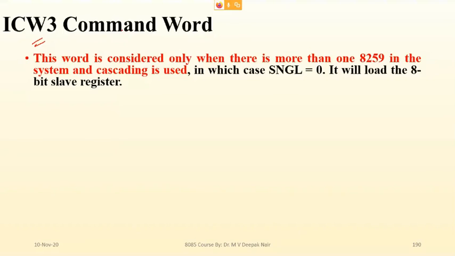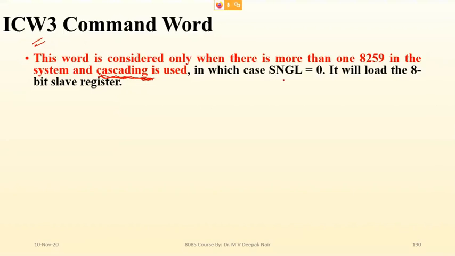If the user wants to design something using the cascading technique, then and only then will he need this ICW3. Otherwise, ICW3 will not be needed. So the first thing to remember is that ICW3 is needed when you have a master and slaves.